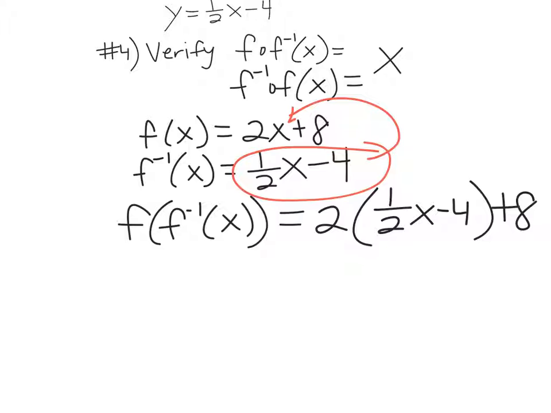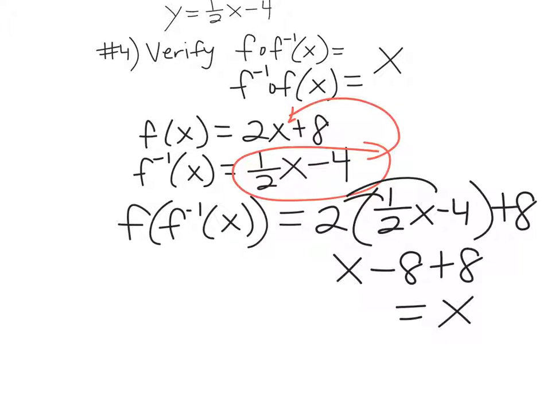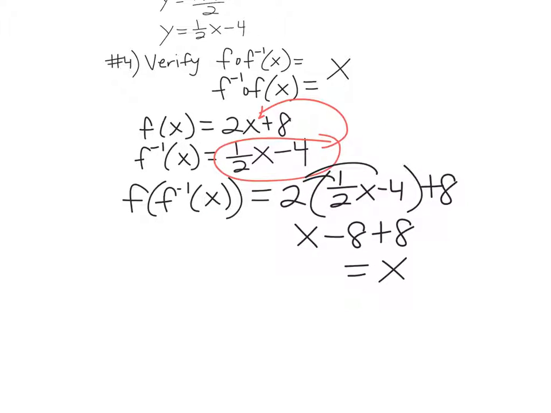Can you kind of do that in your head and see what's happening? 2 times 1/2, you get x minus 8 plus 8. And we got exactly what we knew we were going to get. What that says is if I take a number and plug it into x, it's going to come out as something. I plug it back into the inverse, and I'm just going to get that same number right back. It's like undoing and doing.